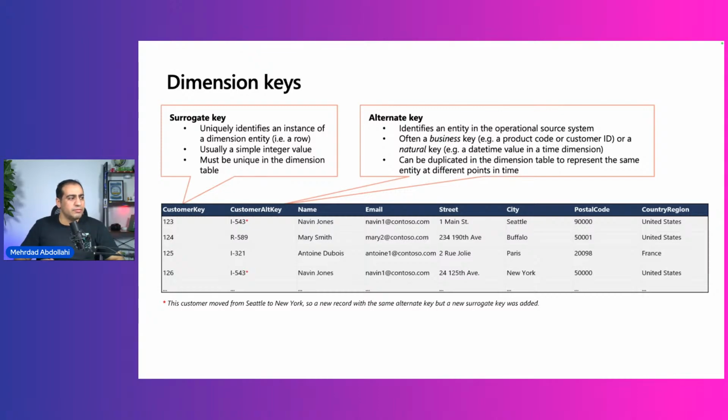And on the other side, we have the alternate key, or business key. It is a field to identify your items in your source system, or the transactional databases.